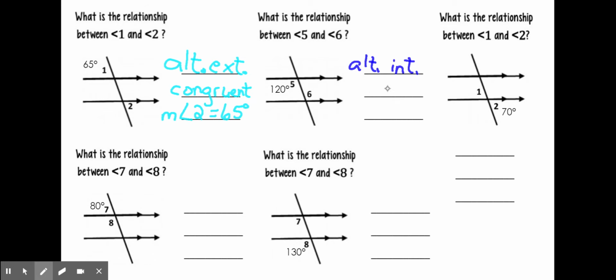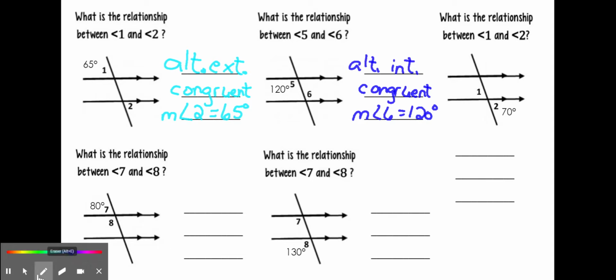And when alternate interior angles are formed by parallel lines, they are congruent, right? And congruent means the same measure. So if angle 5 is 120 degrees, what is the measure of angle 6? 120 degrees. They have to be congruent.